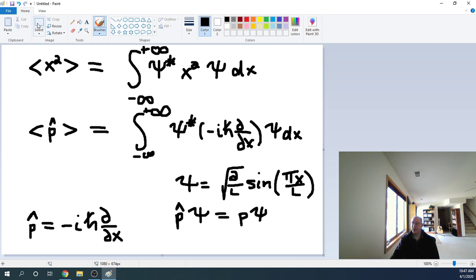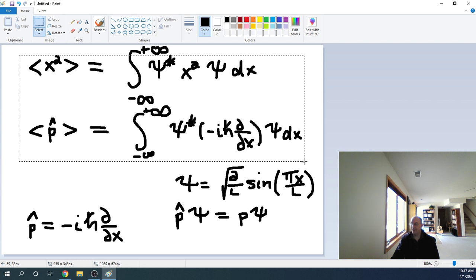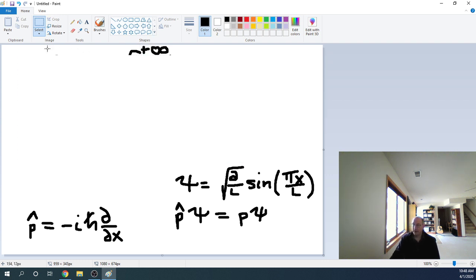Okay, so I am going to demonstrate something about the p operator here. Let's take this problem right here, and let's use this operator for a momentum operator.